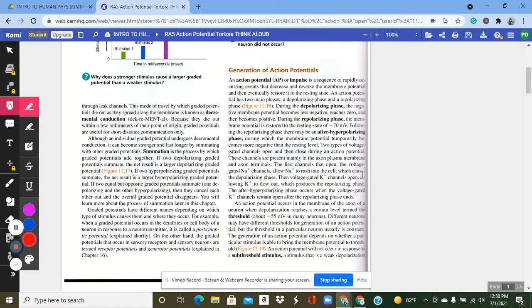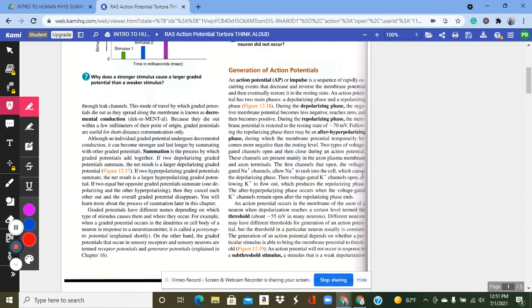Two types of voltage-gated channels open and then close during an action potential. These channels are present mainly in the axon plasma membrane and axon terminals. The first channels that open, the voltage-gated sodium channels, allow sodium to rush into the cell, which causes the depolarizing phase.